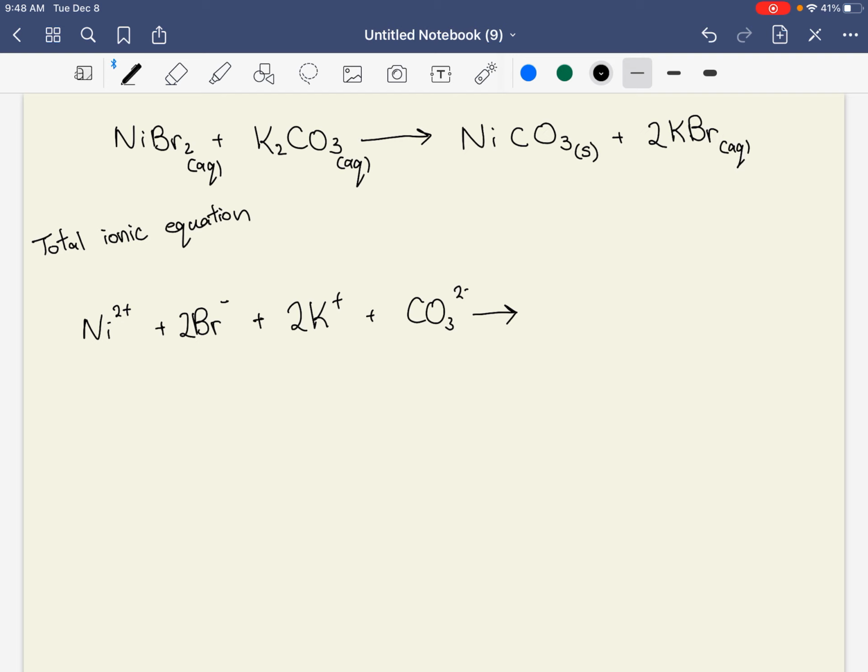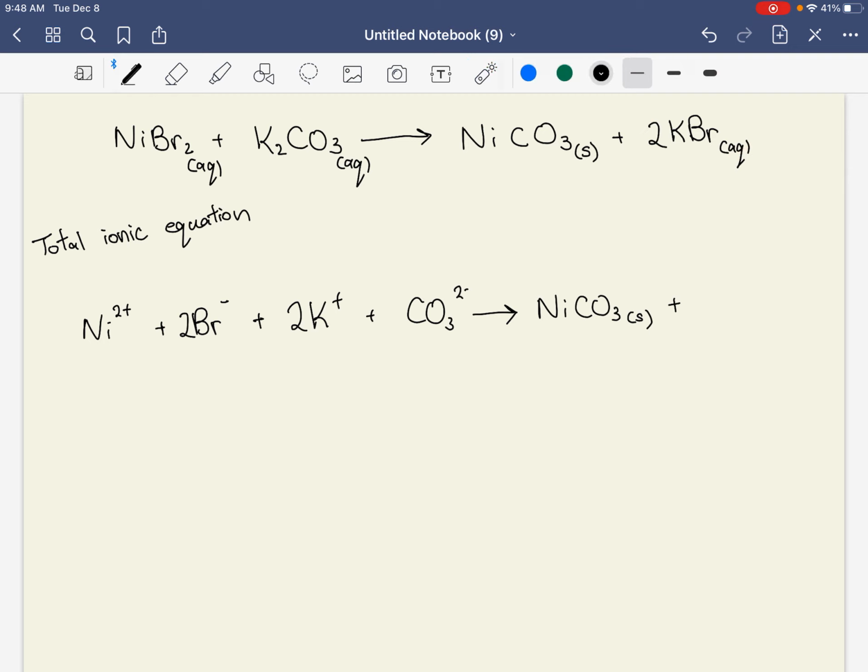Here's a reaction arrow. Ni will find CO3 to hook up with, so you don't break apart the precipitate, okay, because they are inseparable. Plus, all right, if you look, this is not 1 KBr, this is 2 KBr.